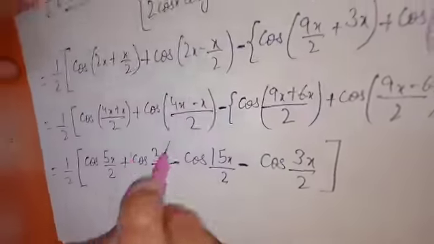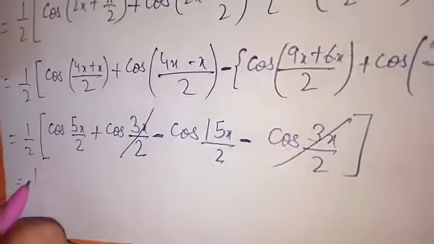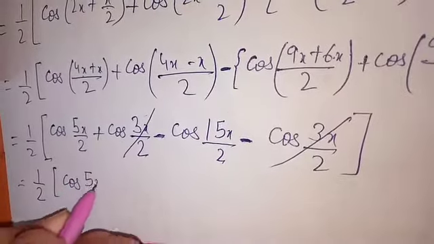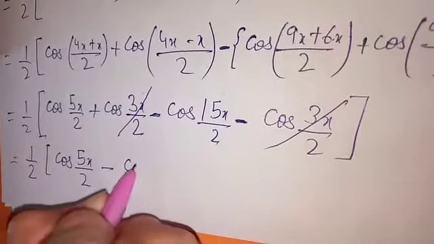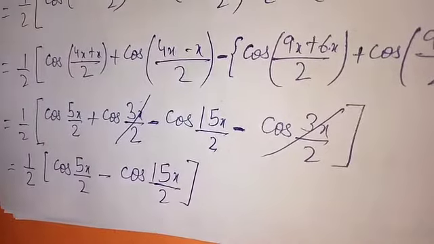Okay, now cos 3x by 2 cancels cos 3x by 2. So what we have is 1 by 2 cos of 5x by 2 minus cos of 15x by 2.